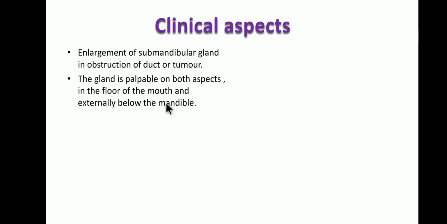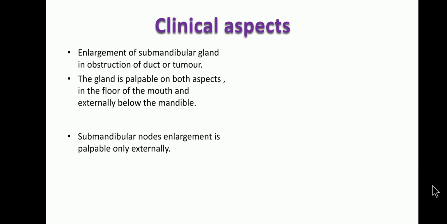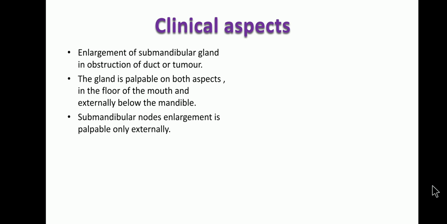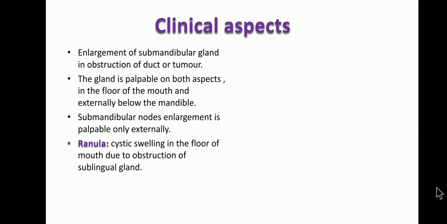By that you can confirm that the mass is because of enlargement of the submandibular gland. Now if you are not able to palpate in the floor of the mouth internally but only outside in the submandibular region below the mandible, then it should be due to enlargement of the submandibular nodes. So with this we can confirm whether it is enlargement of the nodes or of the submandibular gland.